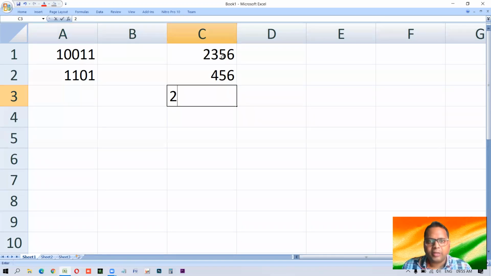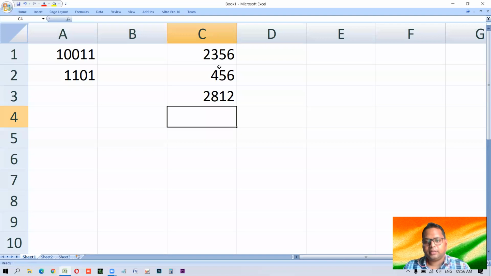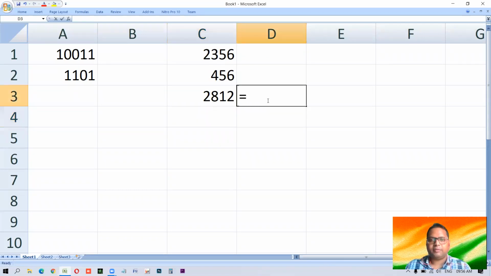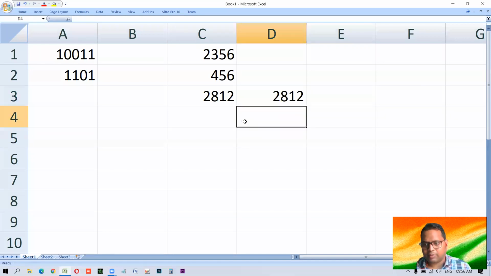You know this. 5 plus 5, 10 plus 1, 11. 1 we write, and then the 1 is carried forward to the left side as you go. Then 4 plus 3, that is 7, plus carried 1, that is 8, and then 2. So this is how we do the sum, or we can verify it also by doing a simple operation. So this is how we add a decimal number.